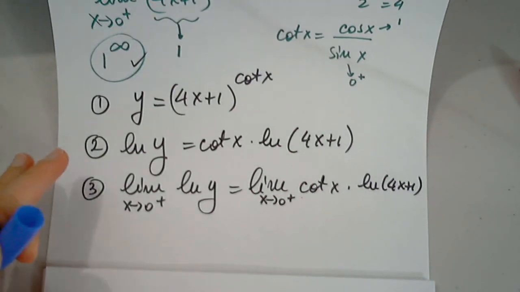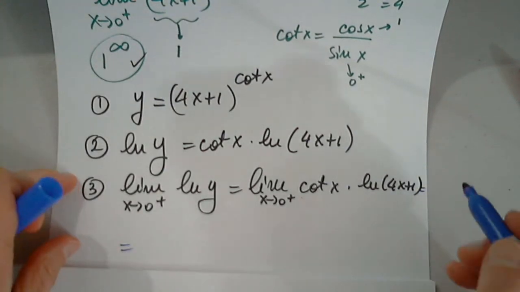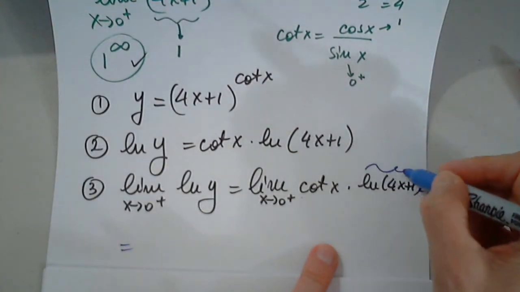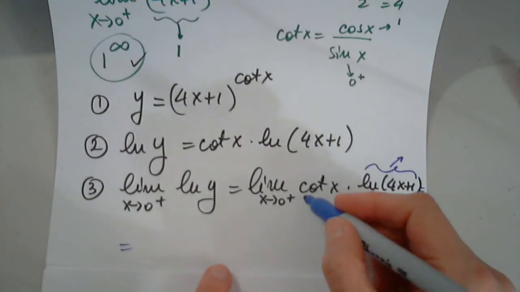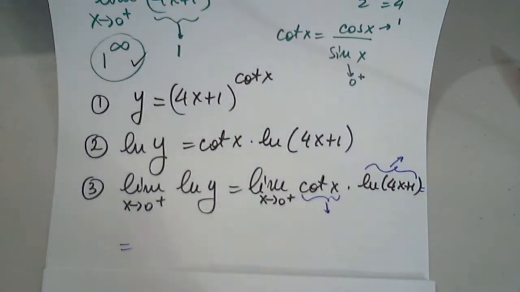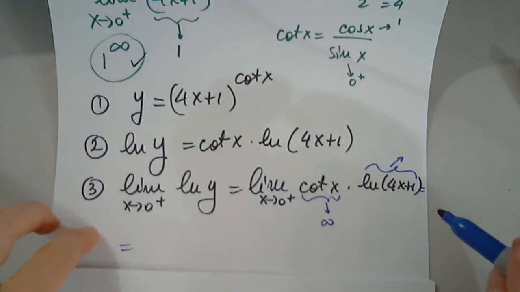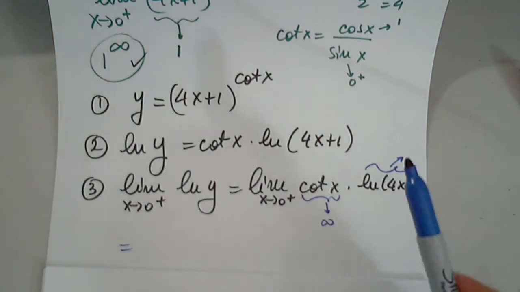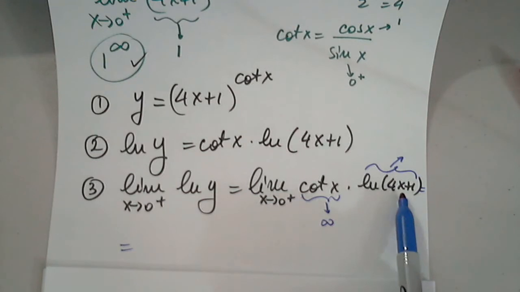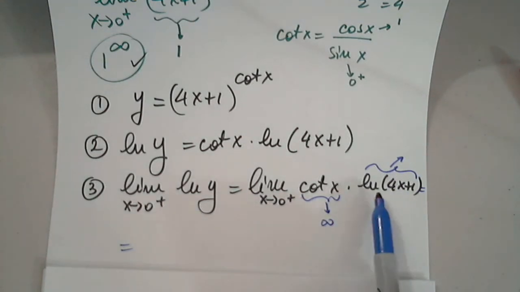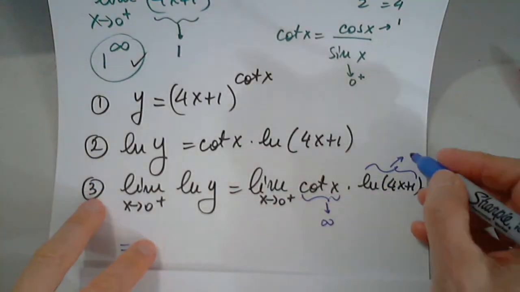Good. So where is this going? And where is this going? And you can say, you already told us, this goes to infinity. And the natural log of 1, because this is 0 plus 1, we know that this goes to 0.